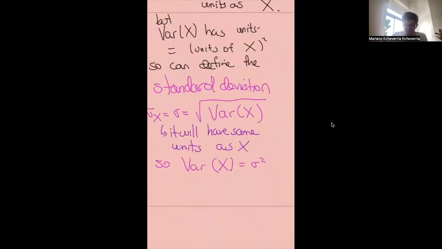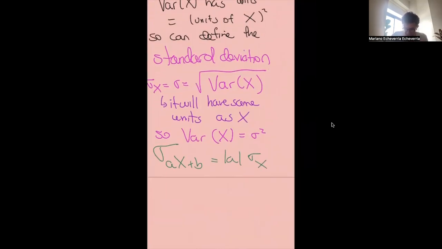So this rescaling property is usually written out like this: the standard deviation of aX plus b is just the absolute value of a times the standard deviation of X. This is the rescaling property that we just listed for the variance.